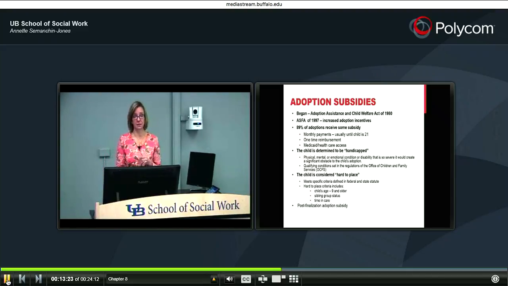It also includes being in a sibling group, because there are many efforts to keep siblings together, so if they're in a sibling group, all of those siblings are harder to place. And if they've been in care longer, they're also considered harder to place. Many children being adopted from the foster care system meet one of these criteria, and that is how they're eligible for the adoption subsidy.